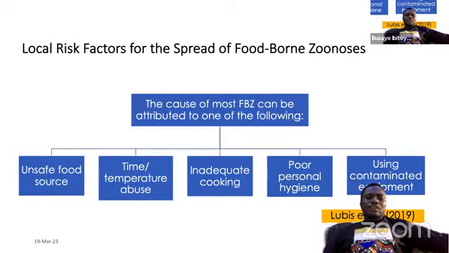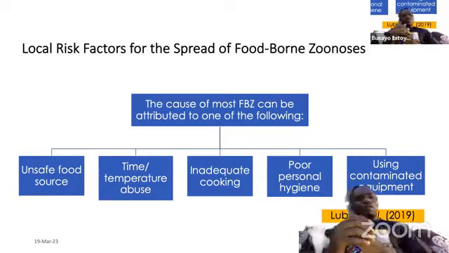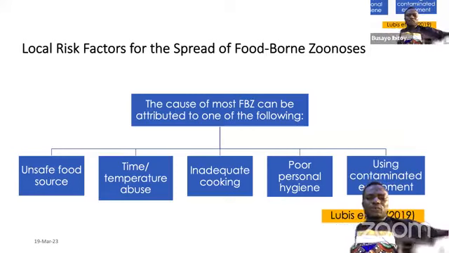Let's talk a little about local risk factors for the spread of foodborne zoonoses. I put up here consumption of unsafe food. When you consume food that is not well prepared, or food that has been contaminated, or food that has not been stored very well, eating unsafe food can predispose to foodborne zoonoses.